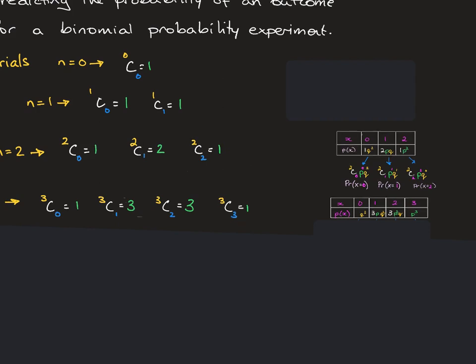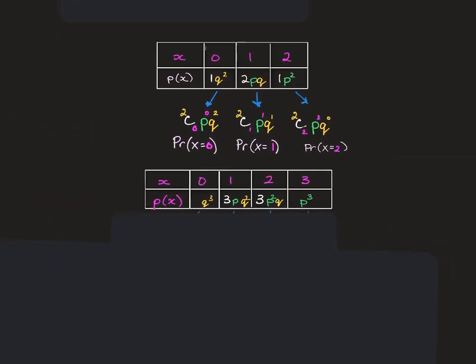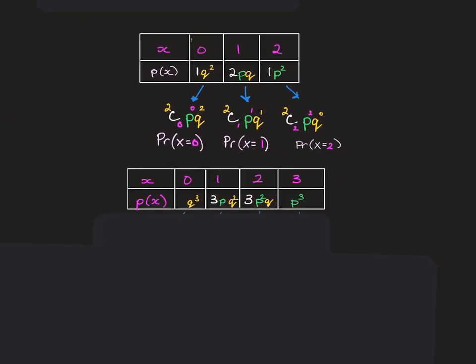So let's have a look back at this table and look at the relationship between the values in that table and the combinations that we use to generate the numbers. We're missing a number here. That should have a 1 there, and it should have a 1 on the end.